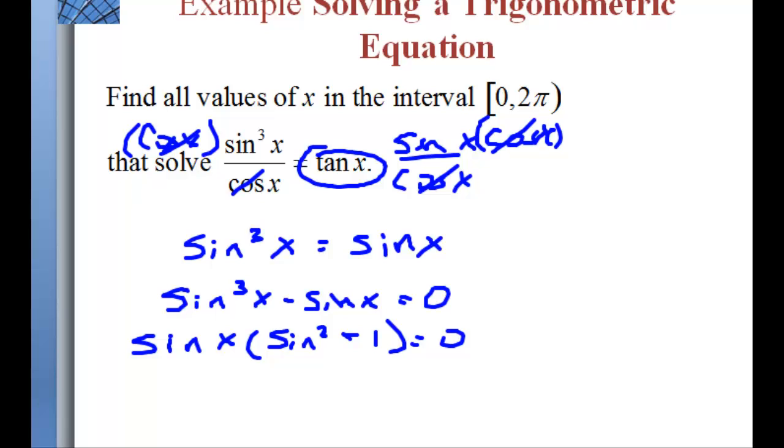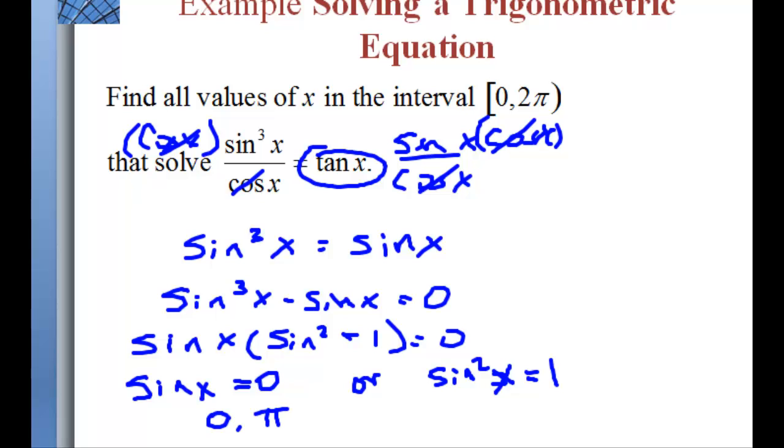So either sine x is equal to 0 or sine squared of x minus 1 is equal to 0, or sine squared of x is equal to 1. So sine x is going to be 0 at 0 or pi, and sine squared is equal to 1 at pi over 2.